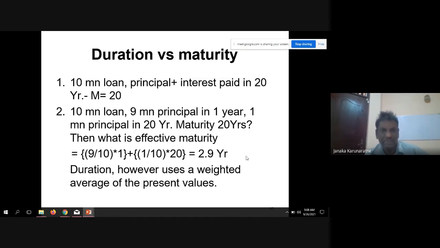This is not the duration, but it's a rough estimate, just to show the concept.